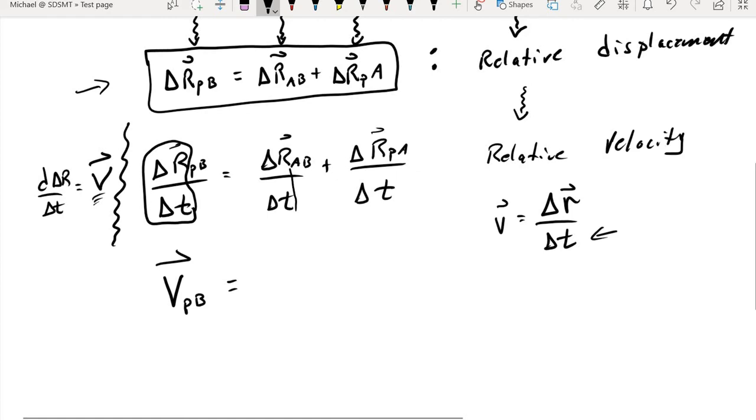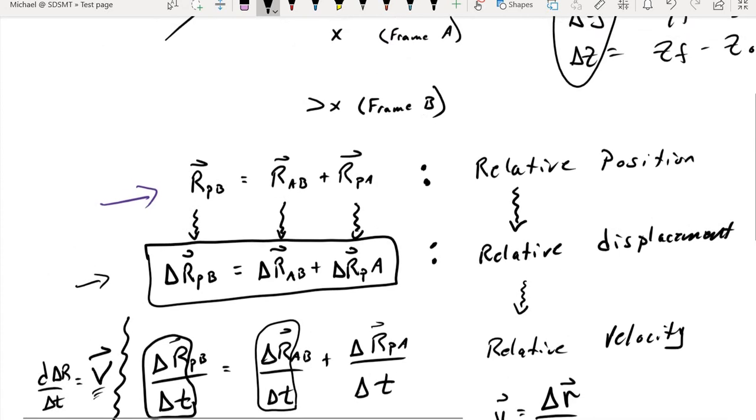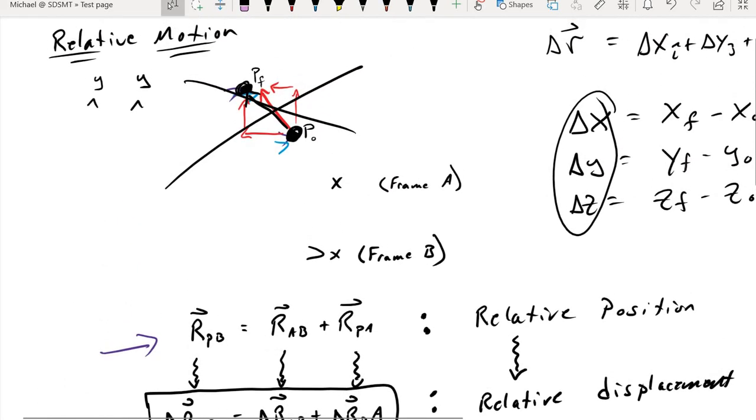Likewise, for the other two terms, we are again going to produce velocity expressions, but the second term is going to tell me how the velocity of frame A is measured with respect to frame B. So now we're assuming that one of those two reference frames up here is moving.